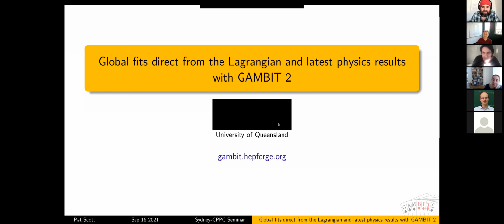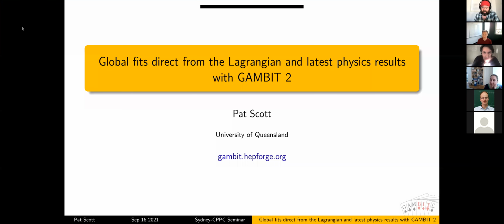Today it's my pleasure to introduce Pat Scott from UQ. Pat Scott originally did his honours at Mount Stromlo Observatory in Canberra before moving to do a PhD in Stockholm and then holding positions at McGill and also a lectureship at Imperial. But he's now a future fellow at UQ as of 2019.